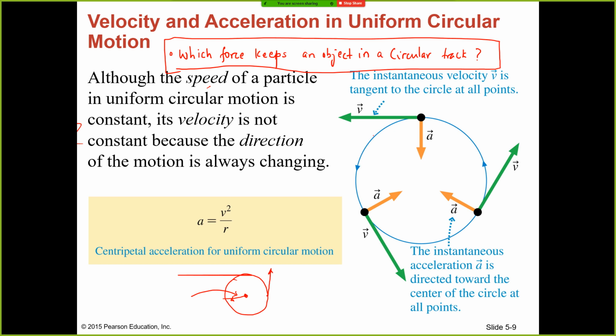At each point along this path, the object tends to move straight, but we are keeping it in the circular track by pulling it inward. And because of that, the object remains in the circular track.